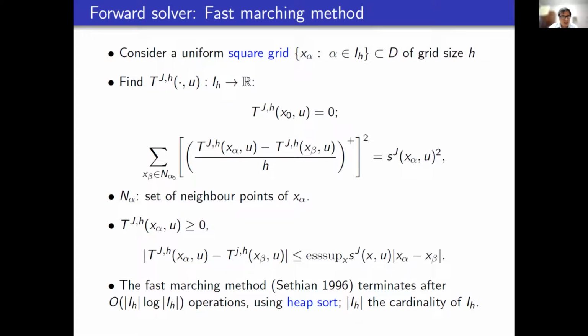So on the left-hand side, you see that I have the summation with respect to all the points x_beta which are in the neighbor set.